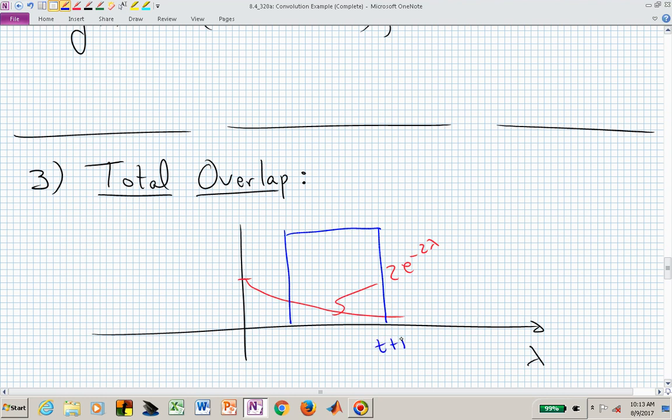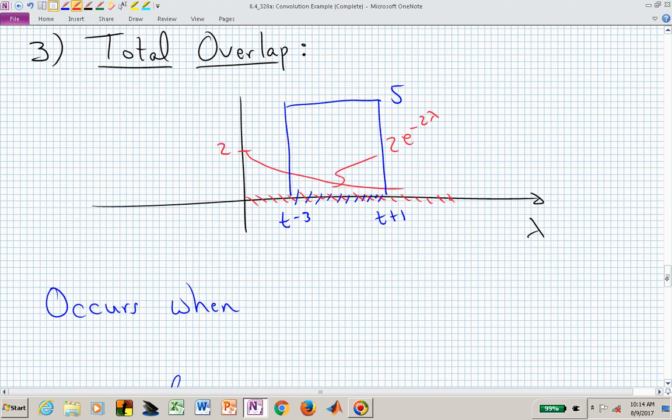Here is t plus 1, and here's t minus 3. Here's our interval of support for x of t minus lambda. Here is our interval of support for h of lambda, and we now want to say, when is this overlap going to occur?